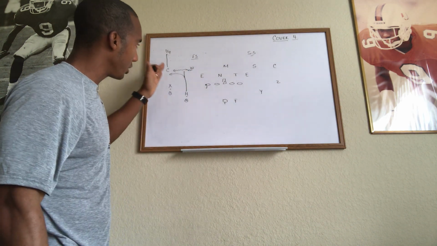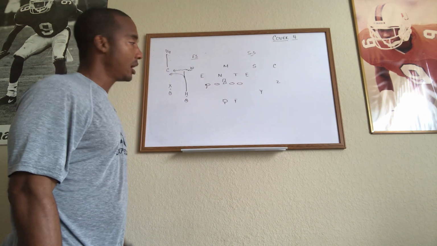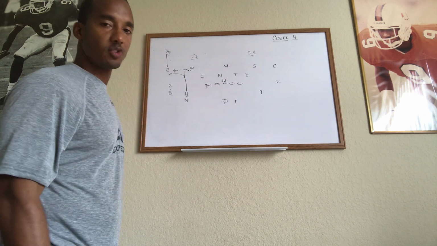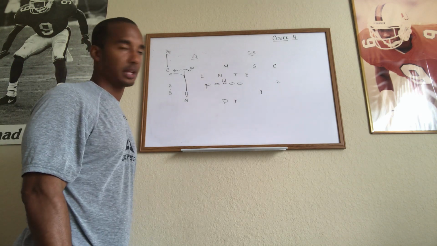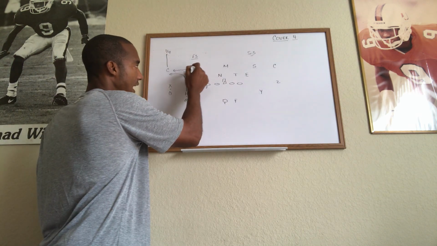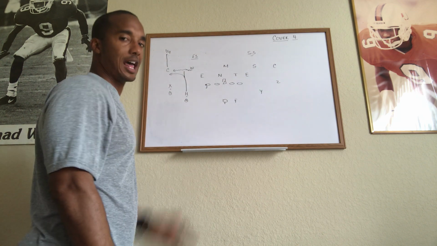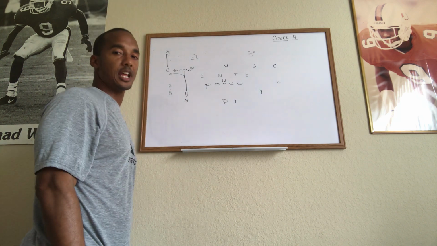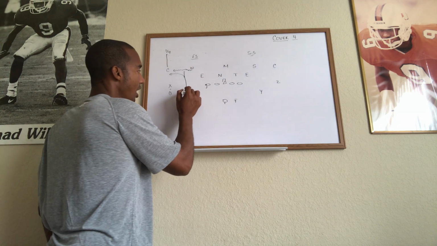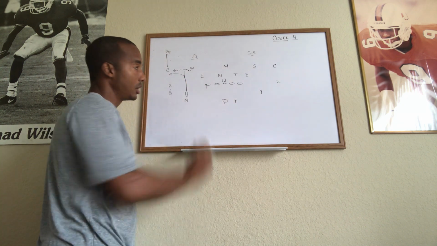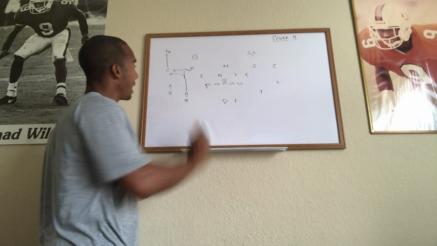That's why the corner doesn't jump a flat route or a hitch route, because that linebacker is responsible for that in this particular case. So again, linebacker working his way out to the flat. On his way there, he would collision any receiver that would appear in that area. So a flat route by number two is handled by that linebacker.